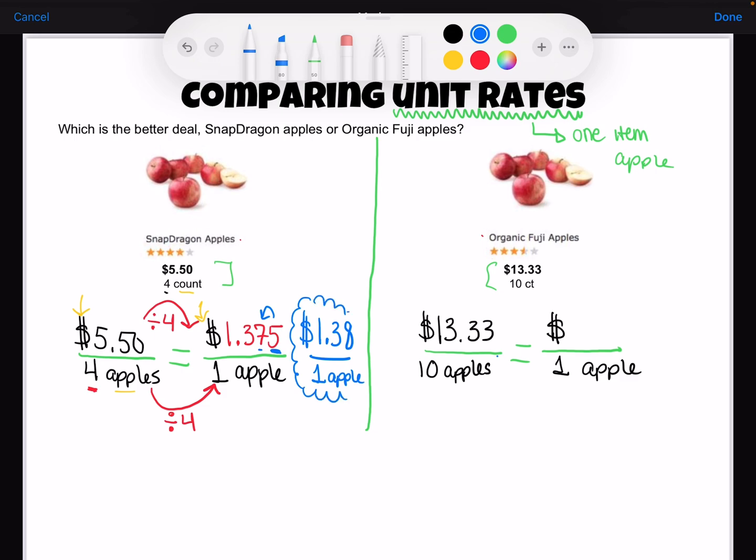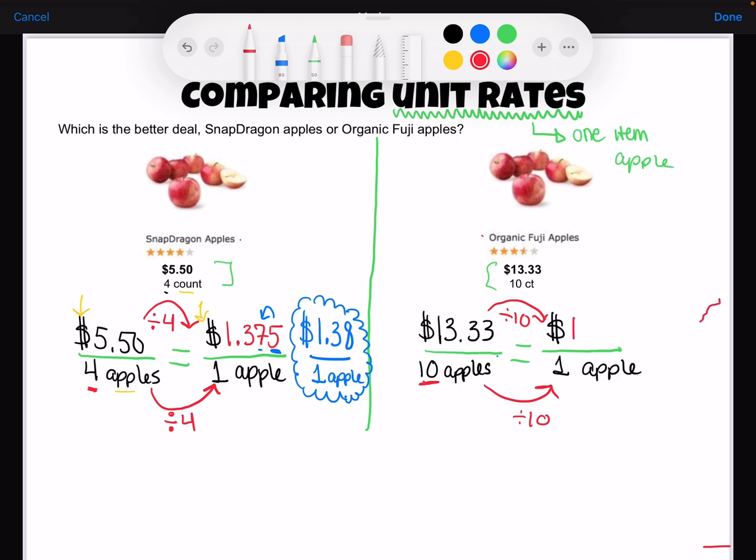We're going to do the same thing for our Fuji apples. So now the number that I need to divide both of these numbers by is 10, because 10 divided by 10 gives us 1. If I divide the bottom by 10, I'm dividing the top by 10. Put this into your calculator, 13.33 divided by 10.